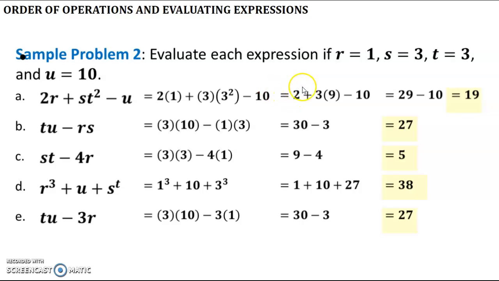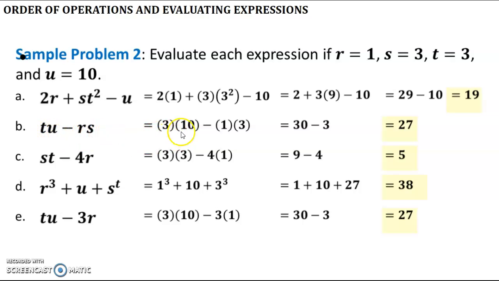So then you do the exponents first, so you have the 3 squared, which is 9. Then you do the multiplication, 3 times 9, plus 2 gives you 29, and then minus 10 gives you 19.